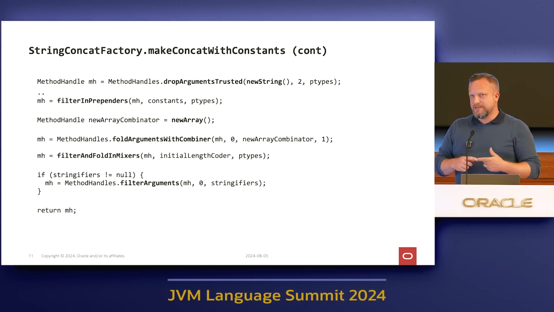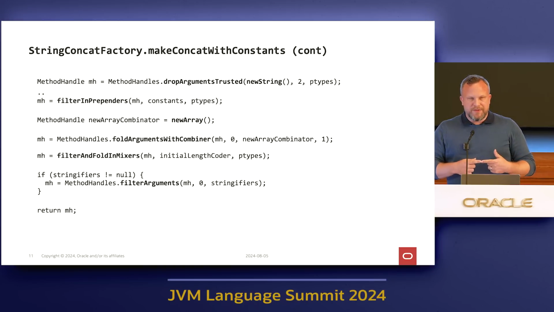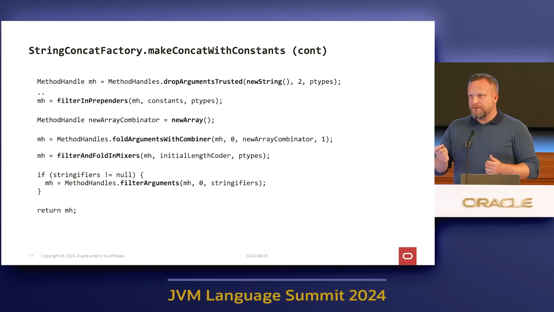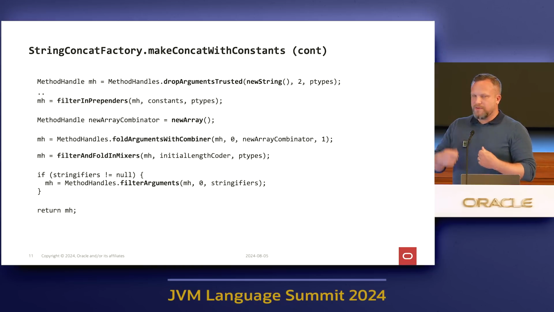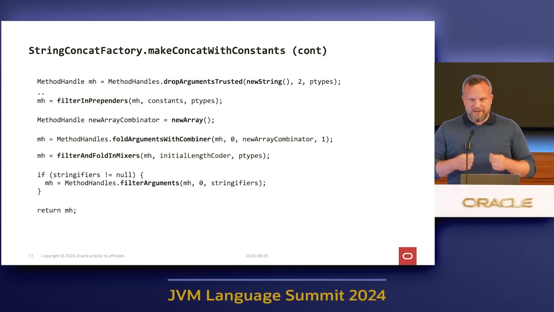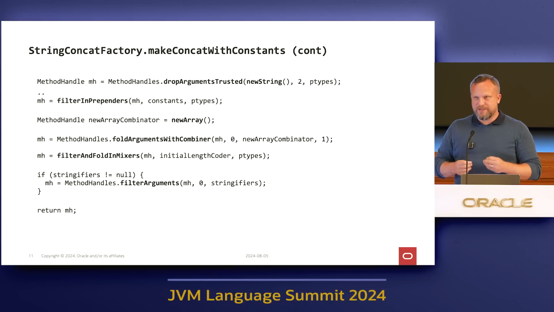The coder is this implementation detail in java.lang.String where there's a byte that says whether or not the string is Latin 1 encoded or UTF-16 encoded. So that one needs to be kept in memory and calculated. So the mixers, once they are done, produce something where you have a known length and you know which coder to use for the string.